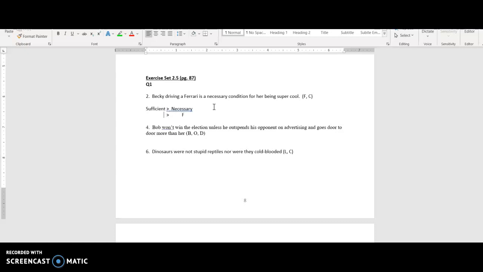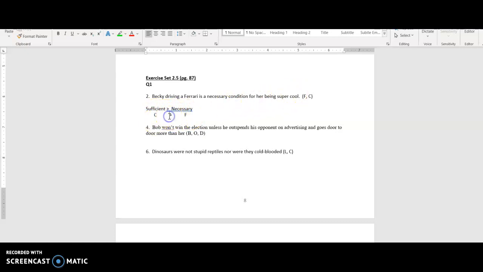And then the other thing, the thing it's a necessary condition for, goes here like this. So when something is explicitly stated as a necessary condition, that means it's the consequent of the conditional, and the other thing is the antecedent.